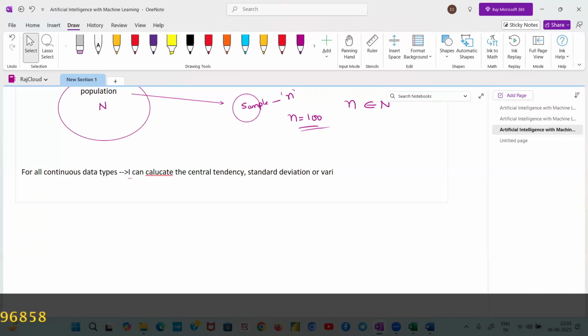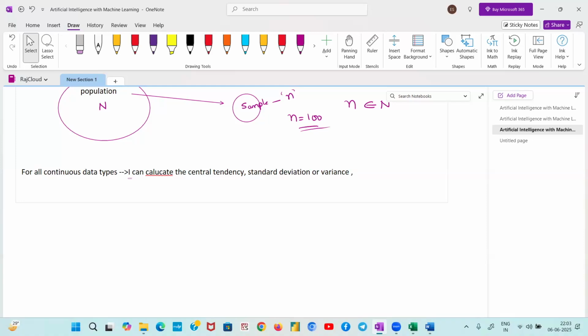Variance is the same thing, not much difference. Or I can do a visualization such as a histogram, because I can't do all these calculations on categorical data.